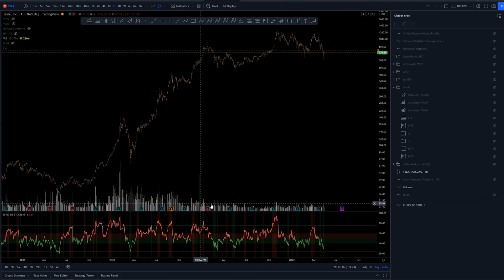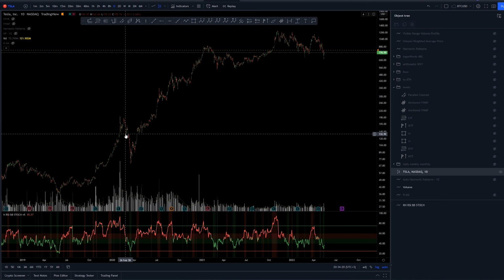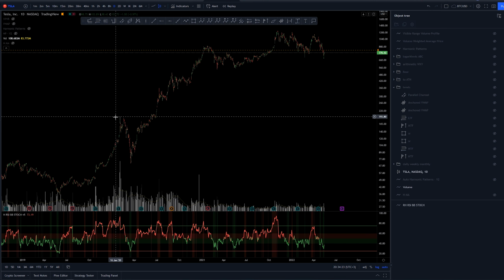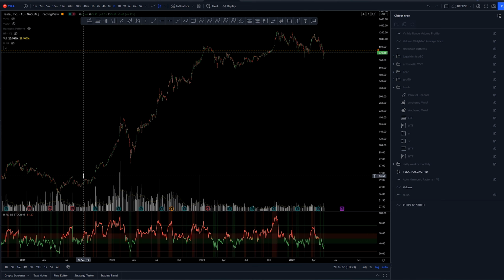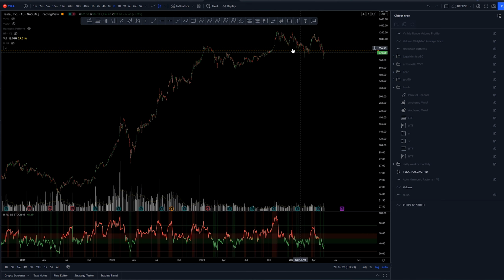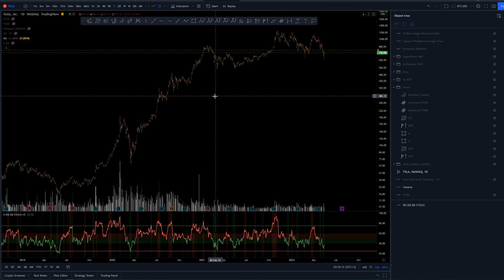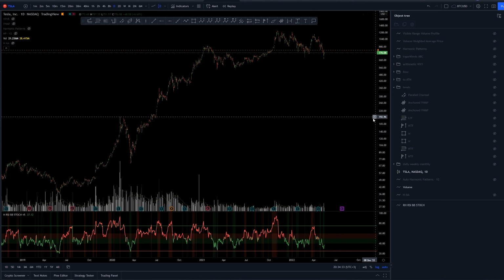We can see that volume has been dropping significantly from 2019 or 2020, and definitely making this move higher, coming to a close at least, if not correcting more.